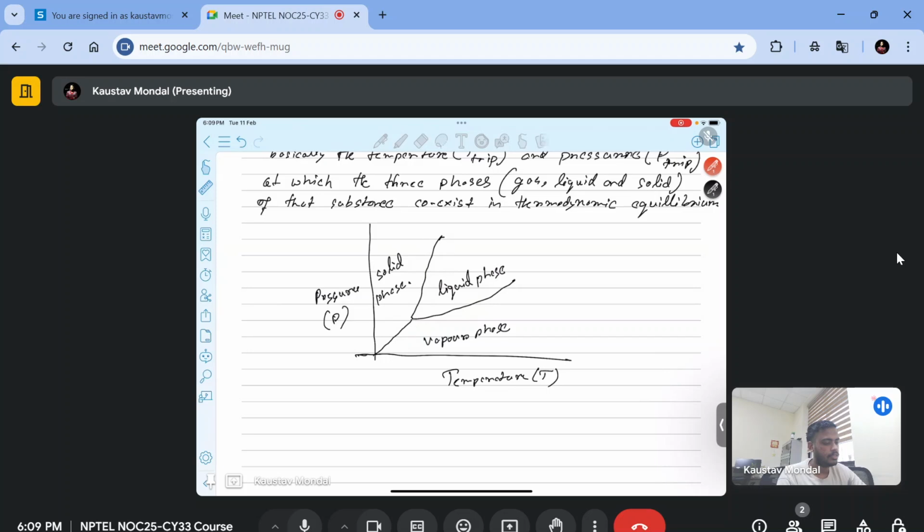Now this is a schematic diagram. Here, in this diagram, the triple point will be this point.